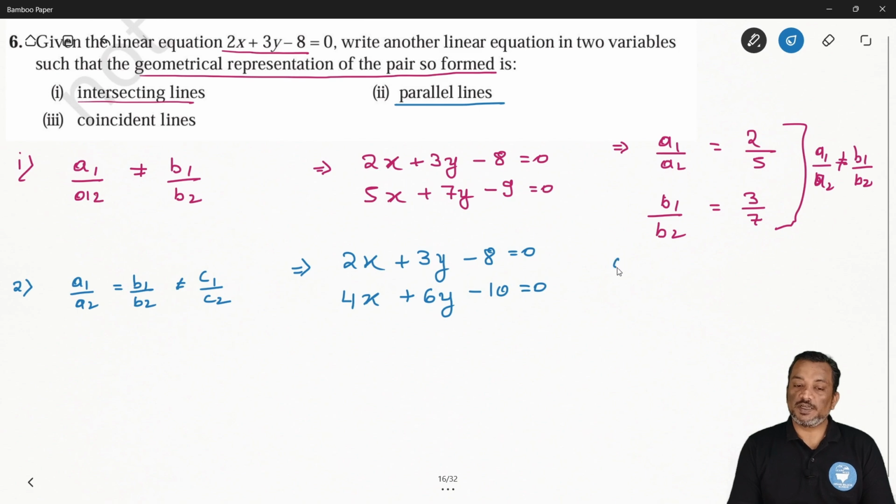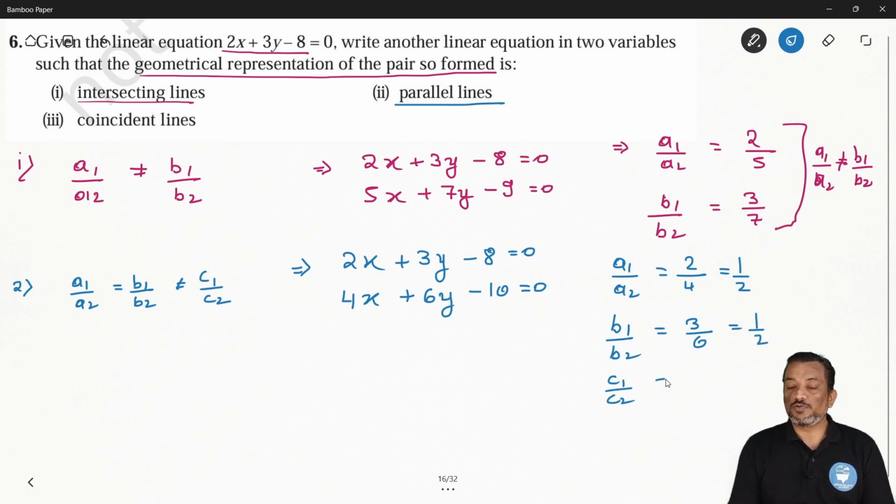Now you can check that a1 over a2 is coming 2 over 4, that is 1 over 2, and b1 over b2 is coming how much? 3 over 6, so it is also 1 over 2, and c1 over c2 you are getting how much? Minus 8 over minus 10, so 8 over 10.